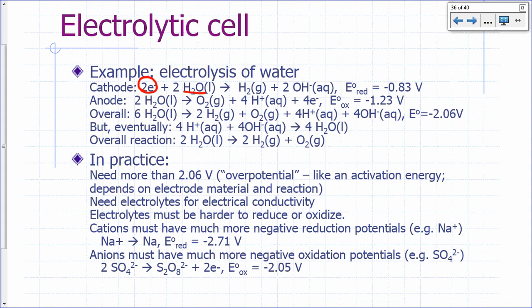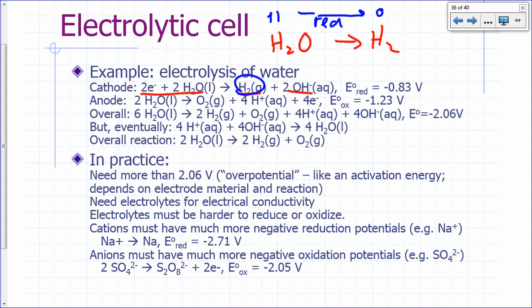If you were to reduce water at the cathode, it's going to give you H2 and 2 hydroxides. Why is that reduction? What's the oxidation number of hydrogen in water? It's +1, right? H2 oxidation number is 0. So +1 to 0, that's a reduction. So if you're going to electrolyze water, the cathode reaction is the one that releases H2.